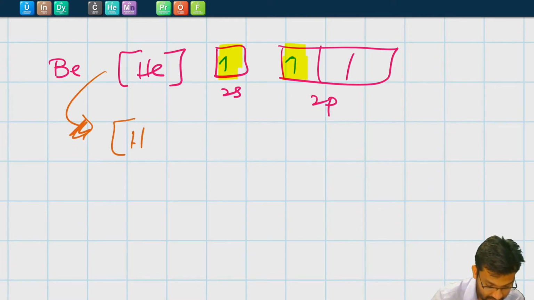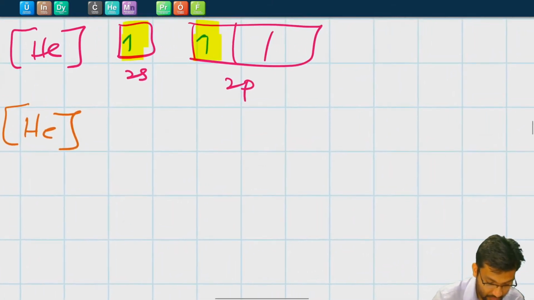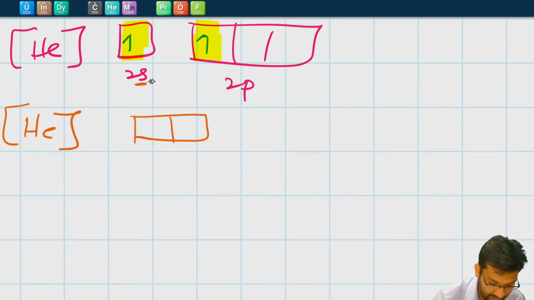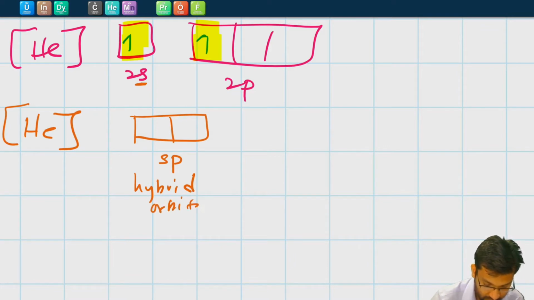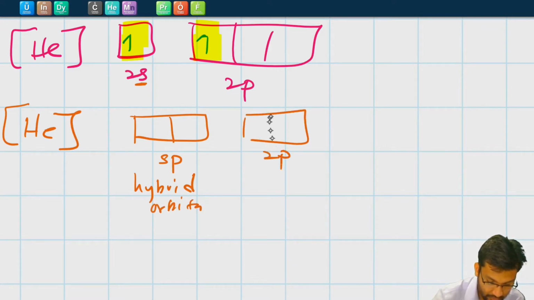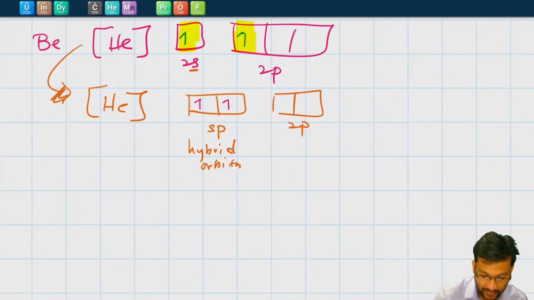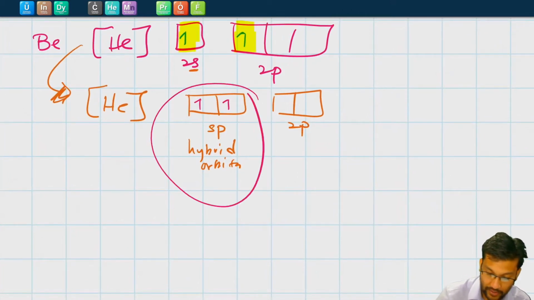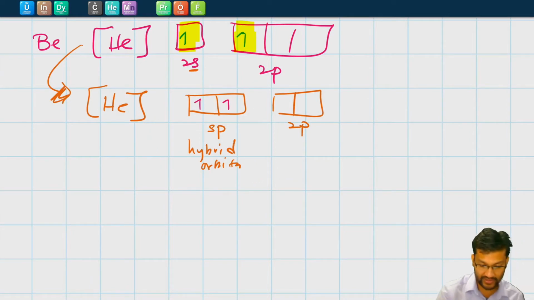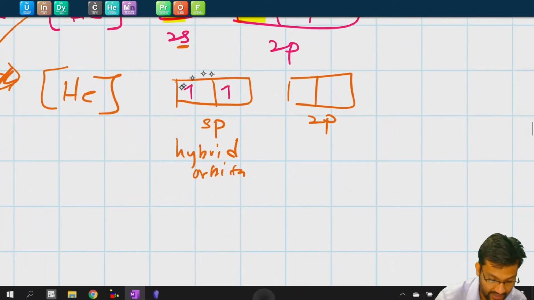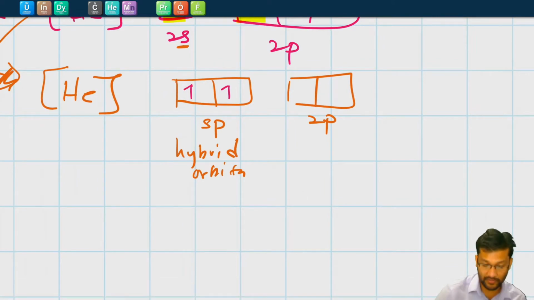So now the electron configuration is, instead of this 2s and one of these 2p orbitals, you have two orbitals here, which, since it's teaming up one s orbital with one p orbital, we'll call an sp hybrid orbital. And then you'll have your two 2p orbitals over there that are left over and not involved in bonding at all. So that's how it helps to form a bond. You have these two hybrid orbitals, one s and one p, joined together, and now they become sort of inseparable. They have the same energy, and they're just there available for bonding.